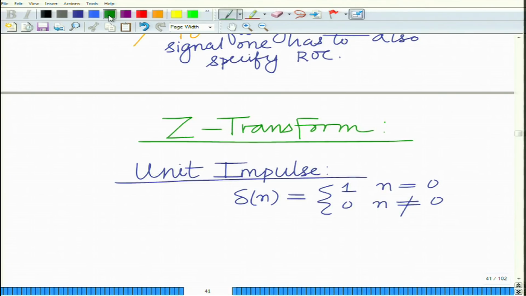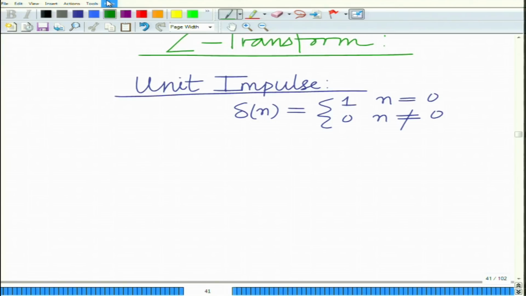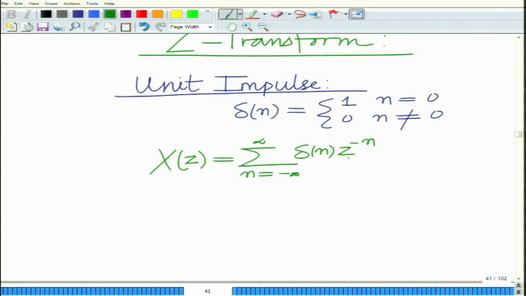Then x of z equals summation n equals minus infinity to infinity delta n z raised to minus n, which equals z raised to power minus 0, because this is non-zero only when n is equal to 0, and at n equal to 0, this is 1.